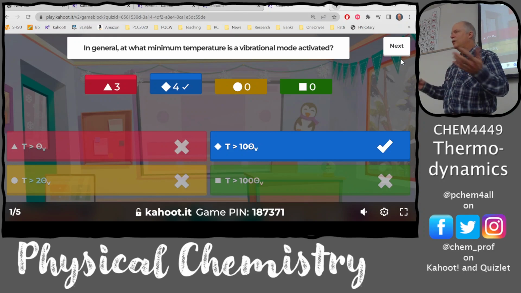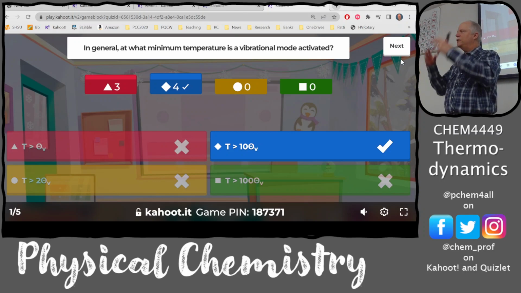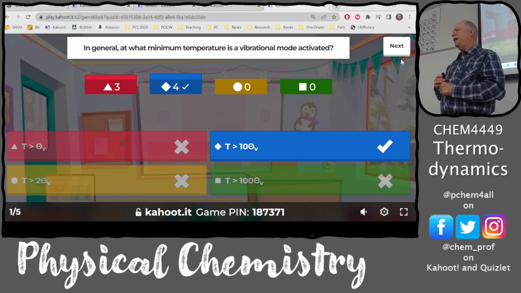So conversely, what happens when we activate a vibrational mode? No longer detect quantum effects? Yeah, we don't see the quantum effects. They disappear. They get lost in the action, if you will. We have so many transitions between levels that the quantum effects essentially are not easy to detect.